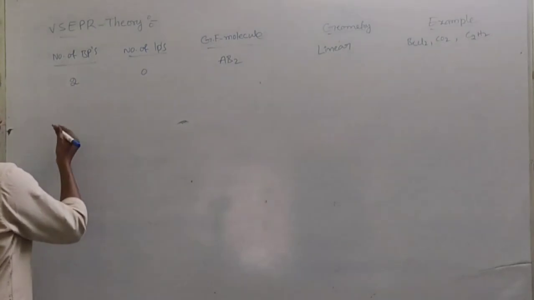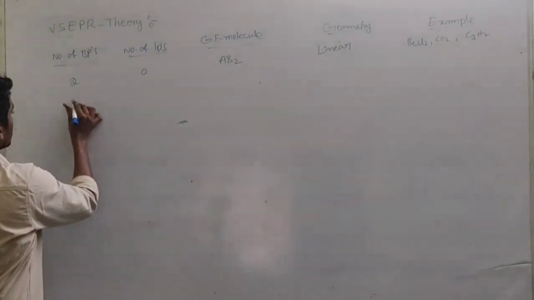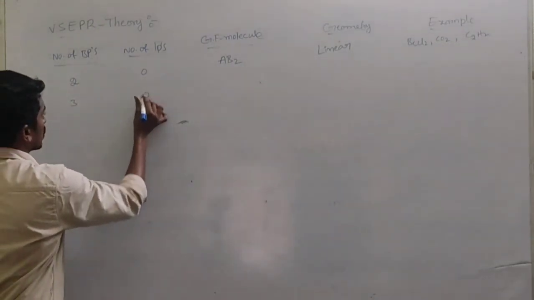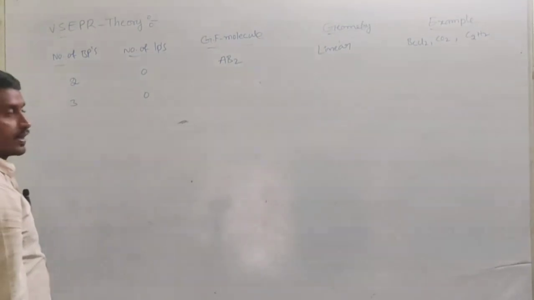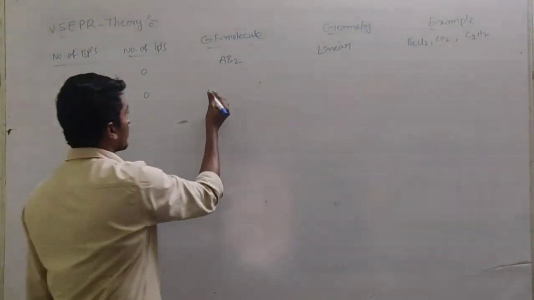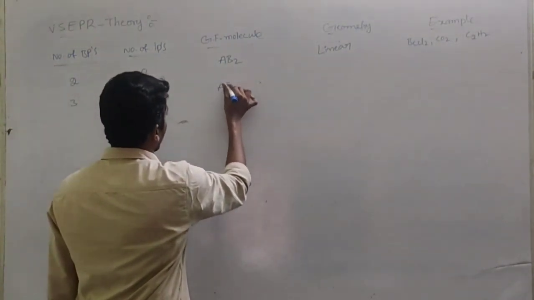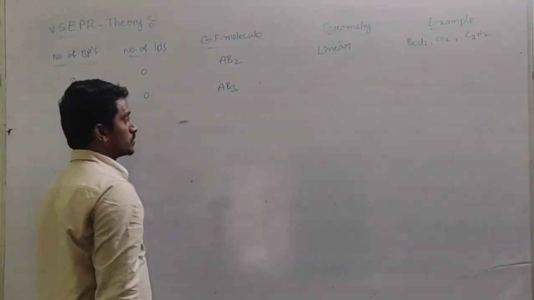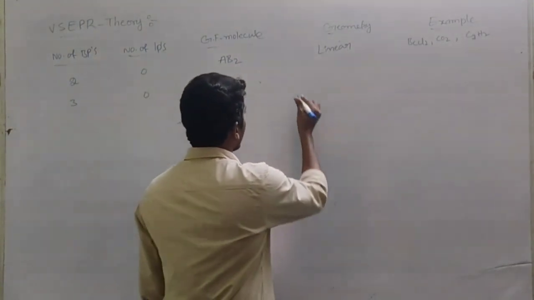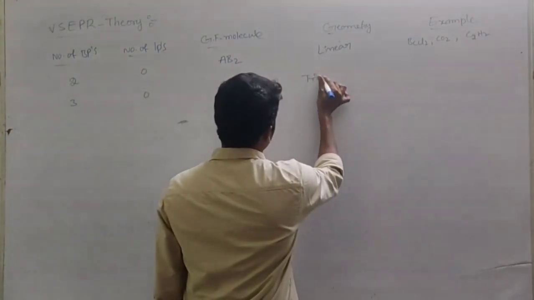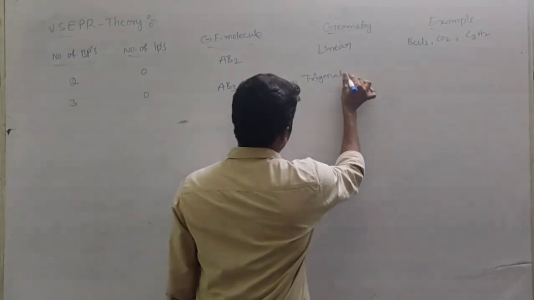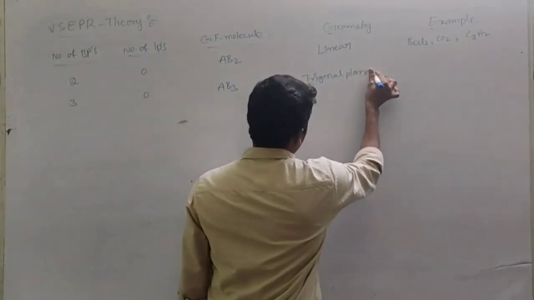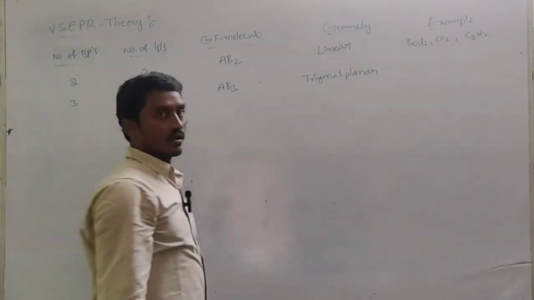So next, if molecule has three bond pairs and zero lone pairs, its general formula AB2, sorry AB3. So its geometry is trigonal planar.